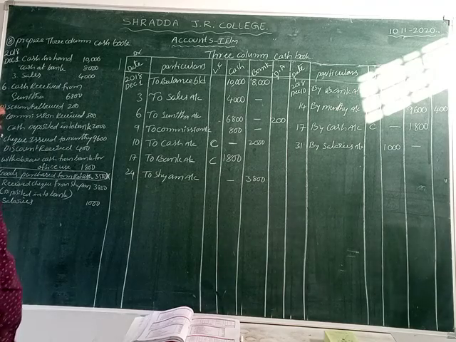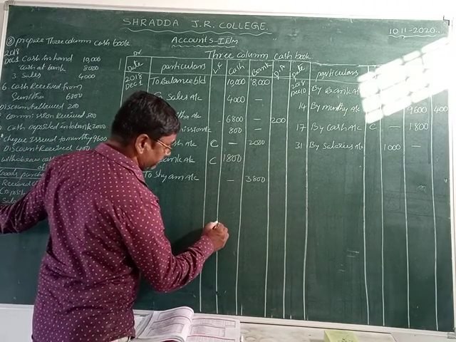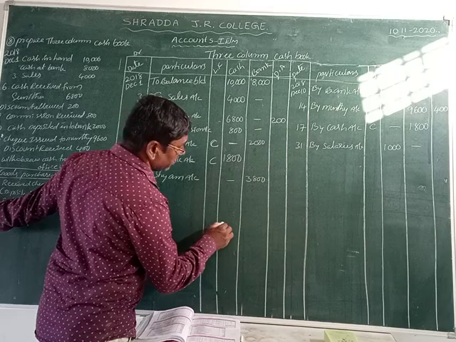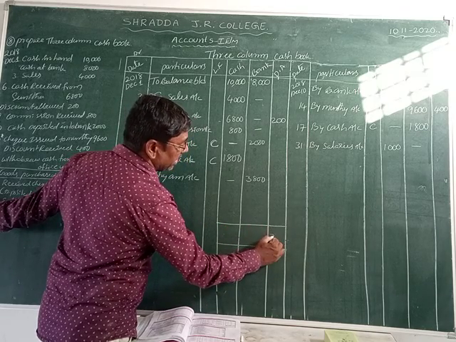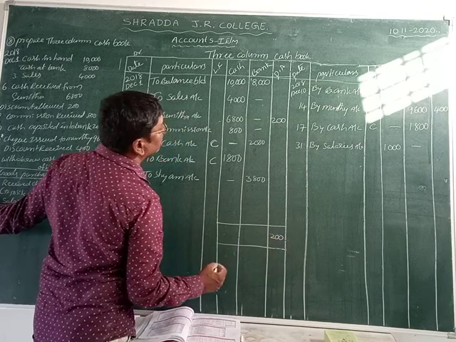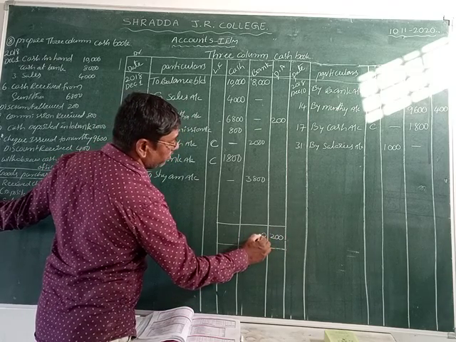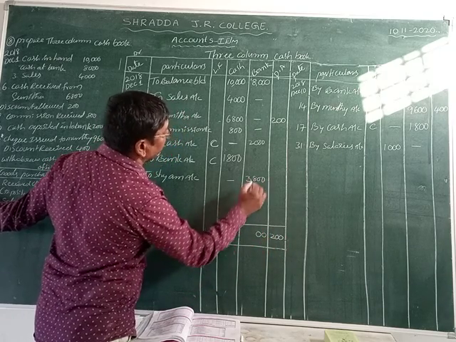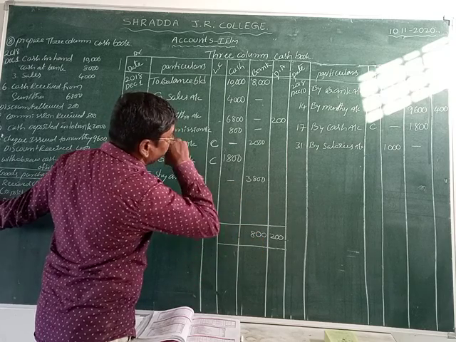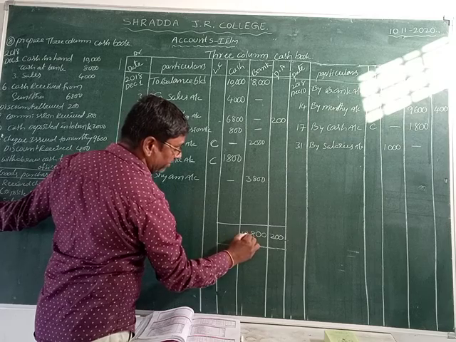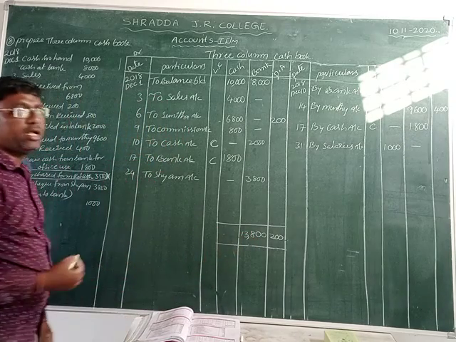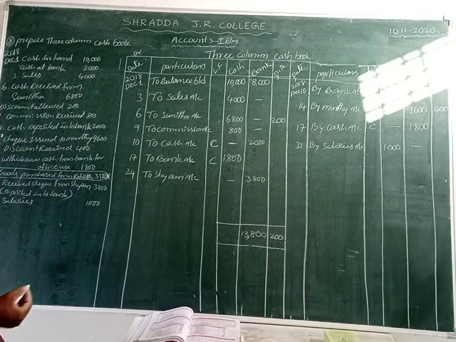Then we do the total, first the debit side. Let's do the total here. Discount allowed is 200 rupees. Now the bank column: 8 plus 2 is 10, plus 3 is 13, so 13,800 rupees. Okay, students.